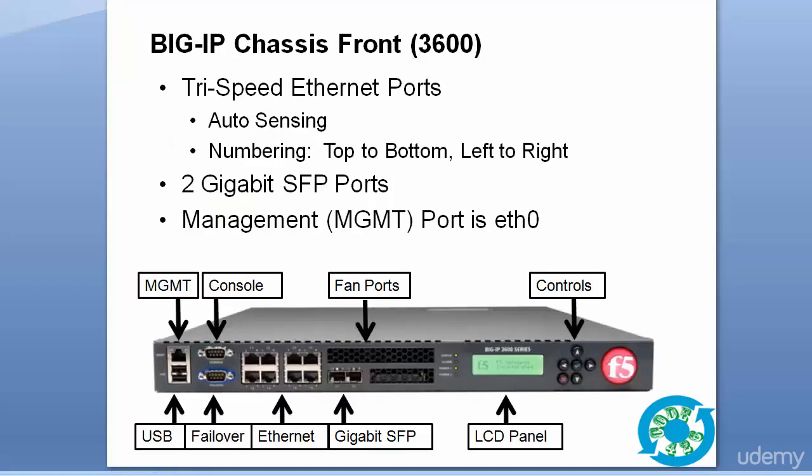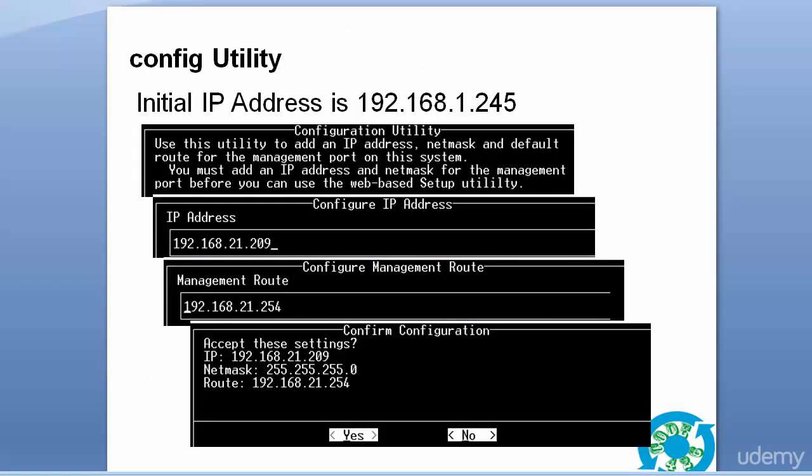A typical F5 device will have a management port, USB port, failover port, console ports, Ethernet ports, LCD panel, and controls. The management IP address doesn't have to be changed, but since all systems have the same IP address, it is best to change the IP to one that makes sense for your network.